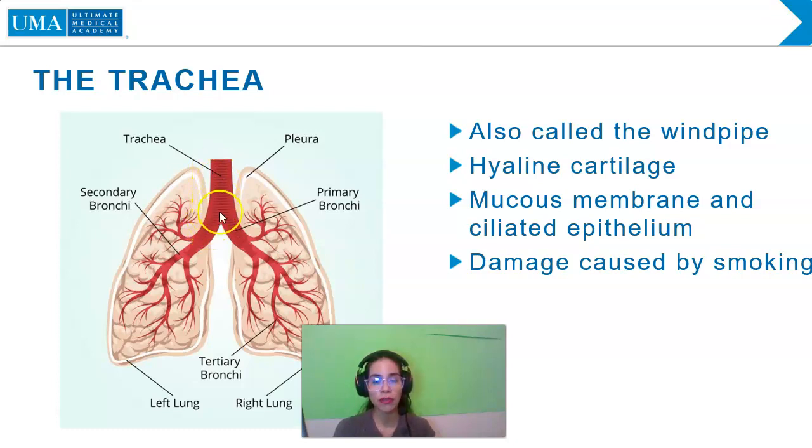The walls of the trachea are made up of C-shaped rings of hyaline cartilage. This helps your trachea to stay open for passage of oxygen, and it also keeps it non-collapsible. So it's a non-collapsible tube because of the C-shaped hyaline cartilage that is lining the trachea.